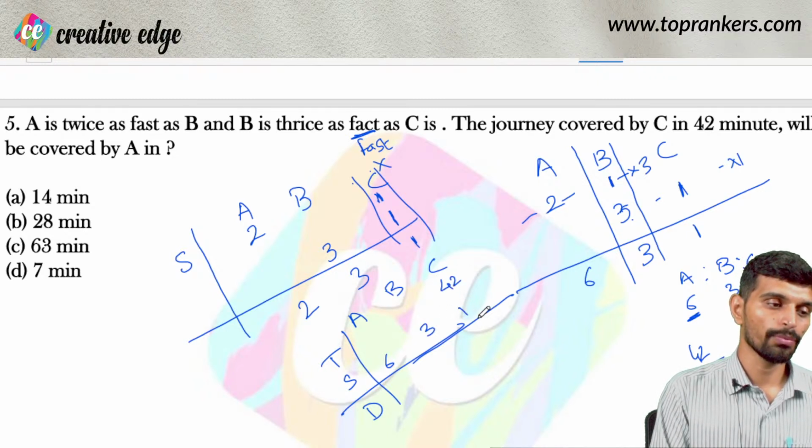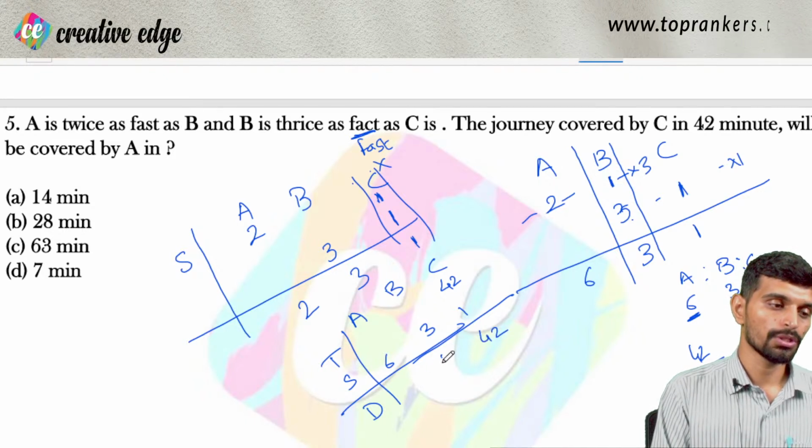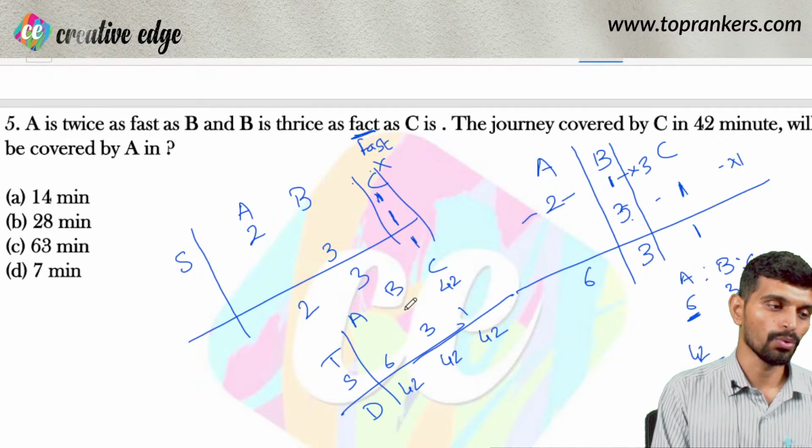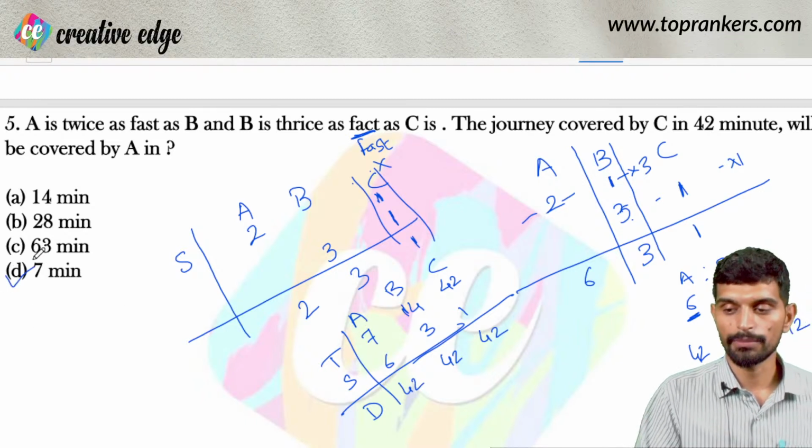Time is 42 minutes, so that distance should be 42. So this distance should also be 42, this distance should also be 42, and here the time will be 14, 42 divided by 3, and here the time will be 7, 42 divided by 6. So the correct answer to this one should be 7 minutes.